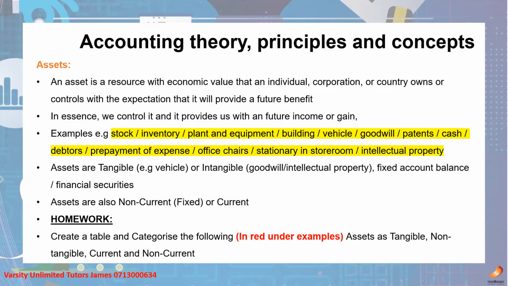Accrued income or debtors are people that you have given services to, but they've not yet paid you. So it's an asset to you. They will pay me in the future for services that I gave them today. It's an income that has not yet been paid to you, but was supposed to be paid.